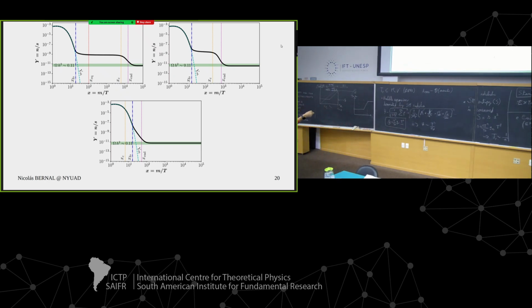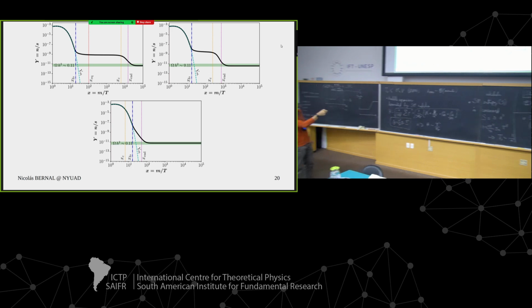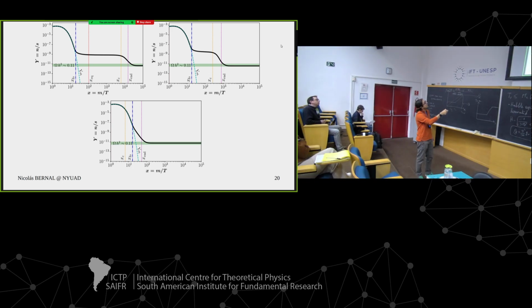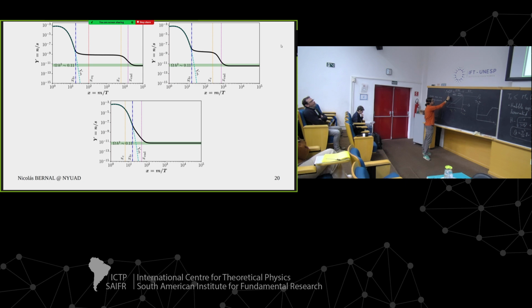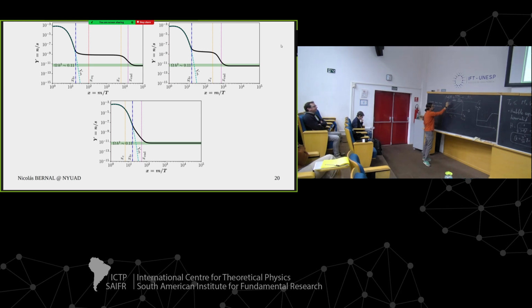So I have three plots here. Again, it's Y as a function of x. The gray is the equilibrium, and the black is the numerical solution. The first plot, top left, corresponds to a freeze out that happened in this area, let's call it 1.